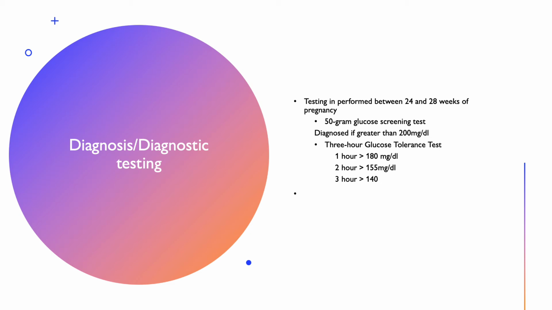If the results of the test are greater than 200 milligrams per deciliter, the patient has diabetes, or a 3-hour glucose tolerance test. After 1 hour, greater than 180, after 2 hours, greater than 155, and after 3 hours, greater than 140, will be a diagnosis for gestational diabetes.